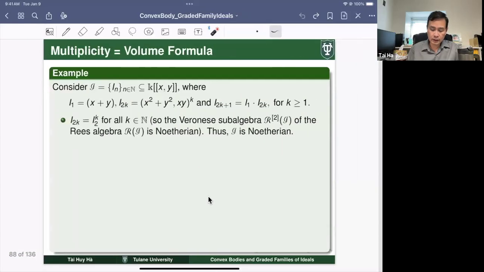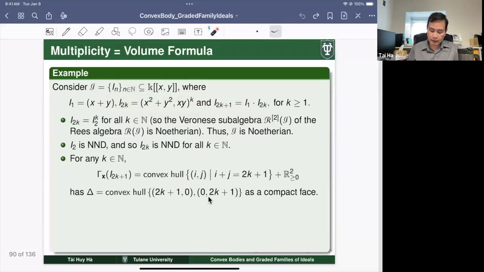With this family, because of this condition, if you take the second Veronese subalgebra, it's just standard graded because it is the Rees algebra of one ideal. So we know that this family is Noetherian, and C is 2.